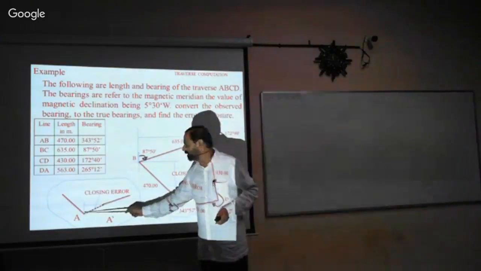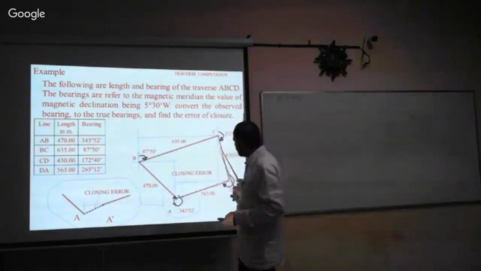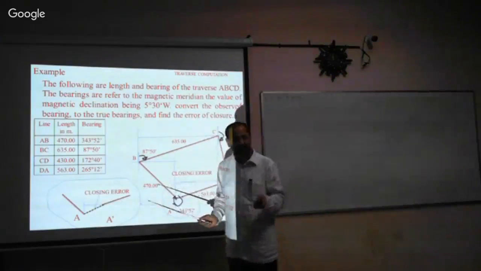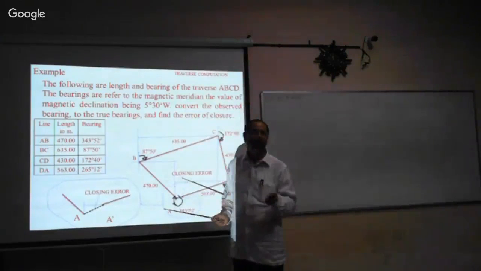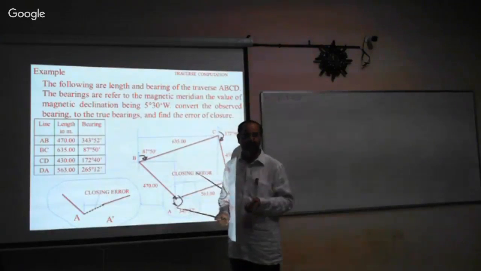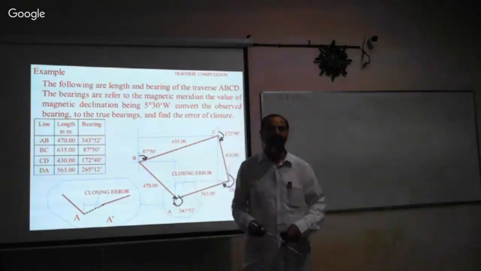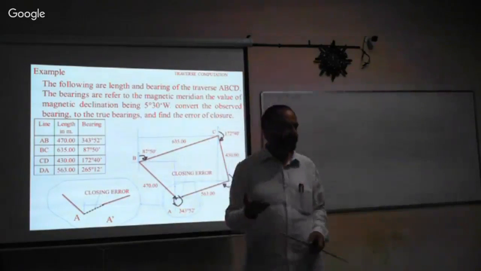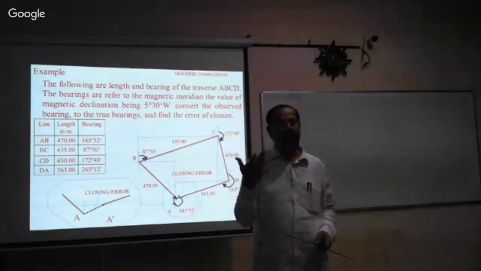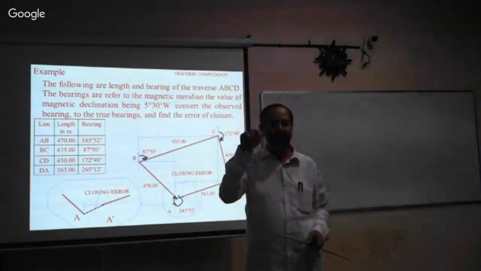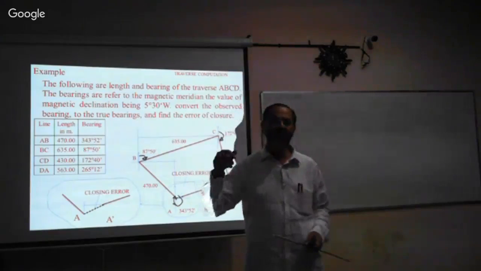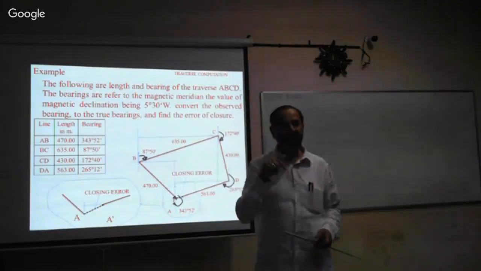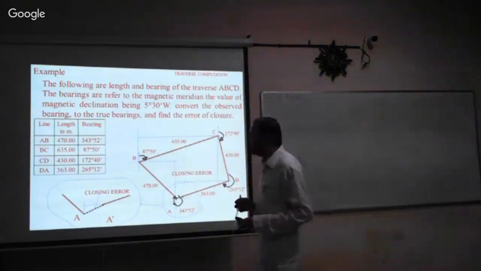After calculating the latitude and departure of all the lines, calculate sigma L, the algebraic sum of all the latitudes, and sigma D, the algebraic sum of all the departures. If you get 0, then you write there is no error; the closing error is 0. But if we get some value, then there is a closing error.